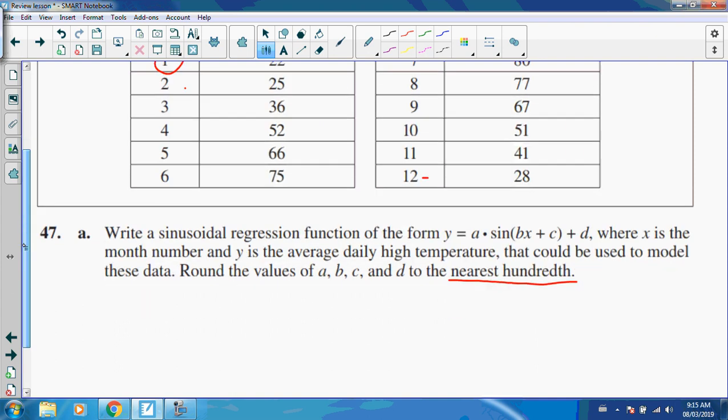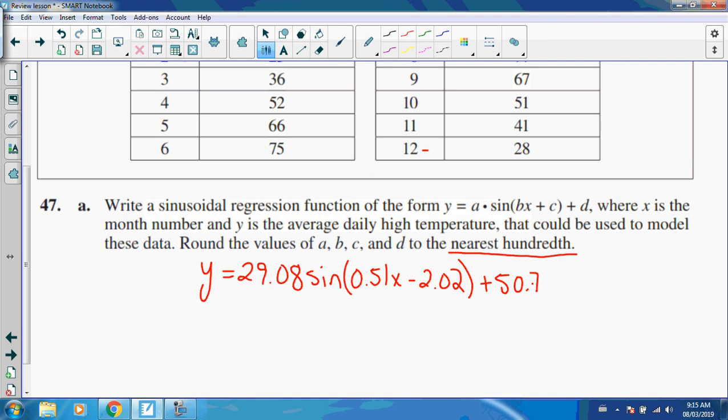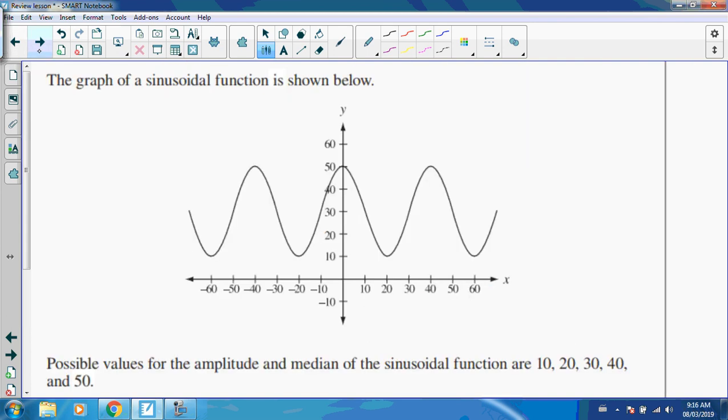And the equation that you should come up with is y equals 29.08 sine of (0.51x minus 2.02) plus 50.77. So there's a good regression question for you, just a bit of practice. All right, let's see what else we got.